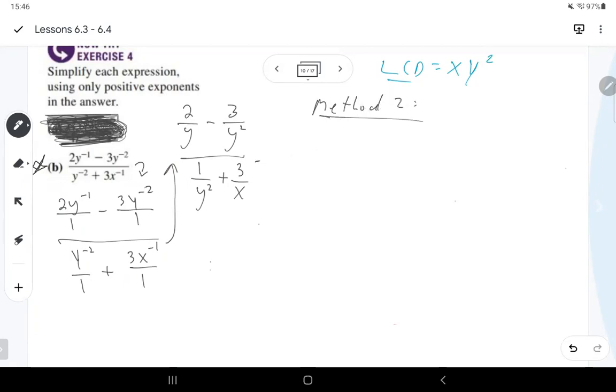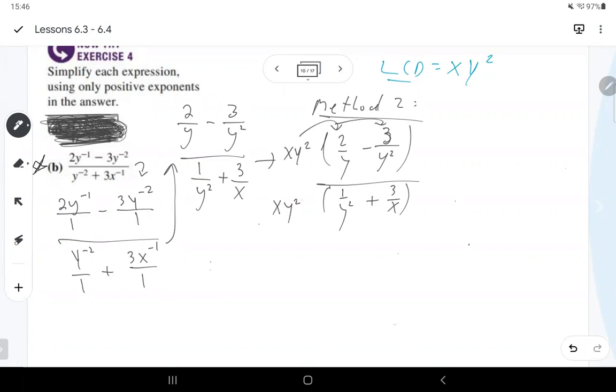So I will distribute the LCD to each piece.